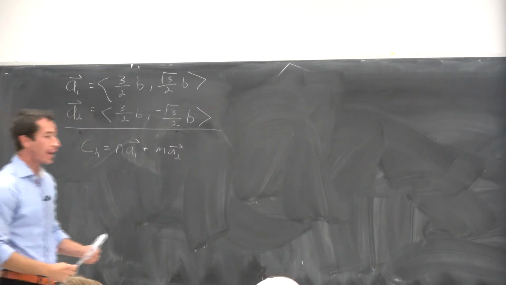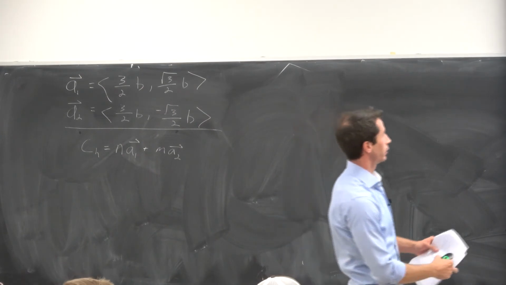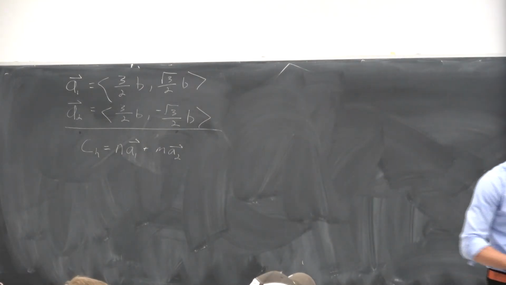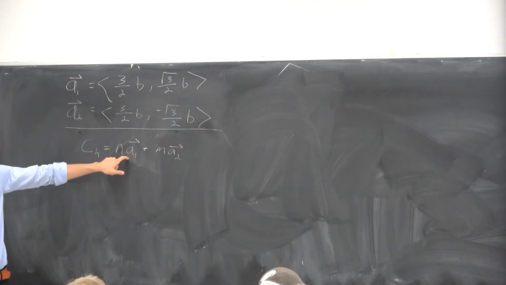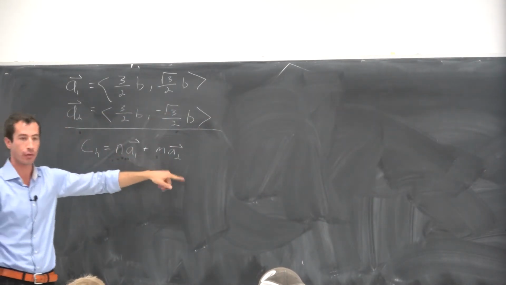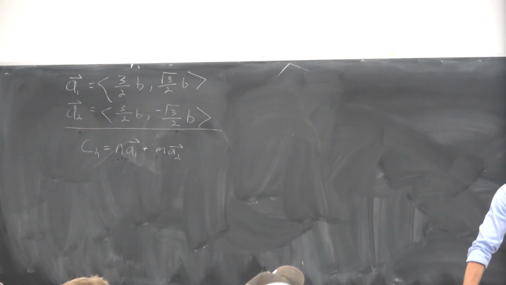If we had this long carbon tube, say something like this, we would just add up the number of n's times A1 and m's of A2, where n and m are just this nomenclature, right?